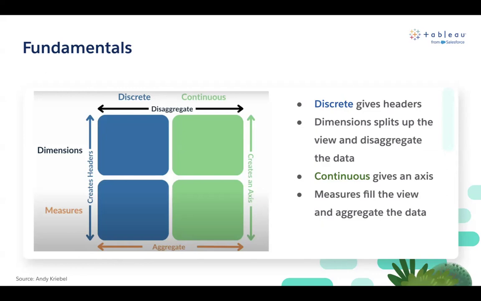If not, you have to make it continuous. With dimensions and measures, of course, the concept is a little clearer. Whenever there is categorical data, you can treat it as a dimension, and when there is numerical data, you can treat it as a measure. Just keep in mind that it is possible for you to switch between them.